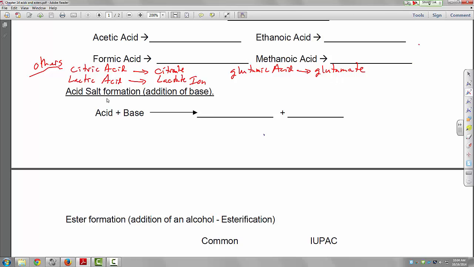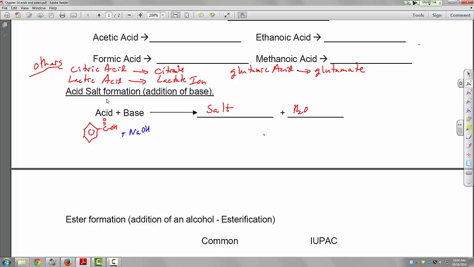Right. Salt formation, the addition of a base. Acid plus base gives you a salt plus water. So if we were to add, let's use benzoic acid. We did this reaction in the lab. So here we have benzoic acid, and we'll use the base sodium hydroxide.